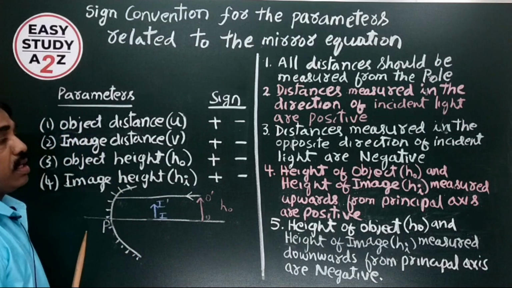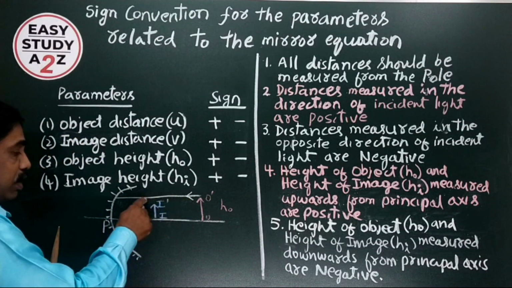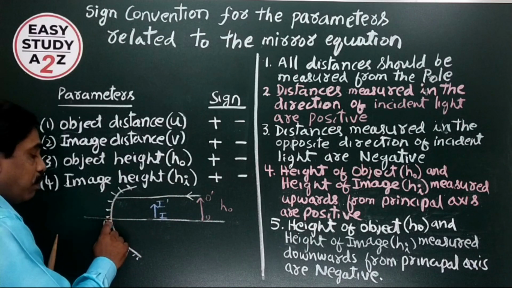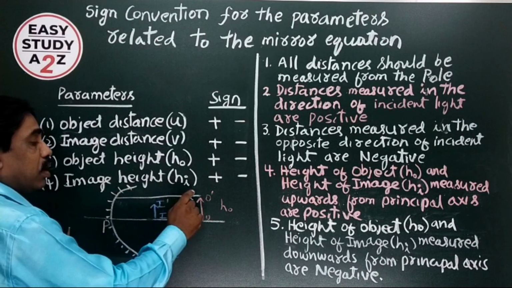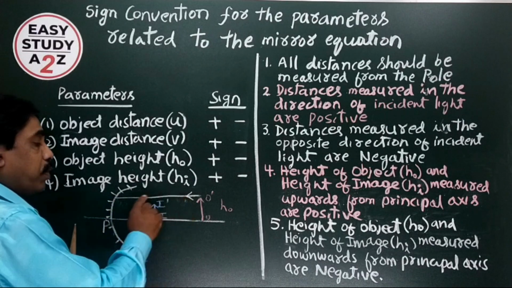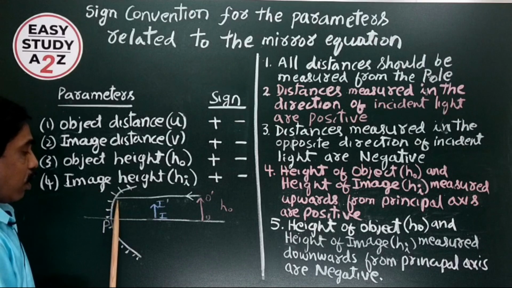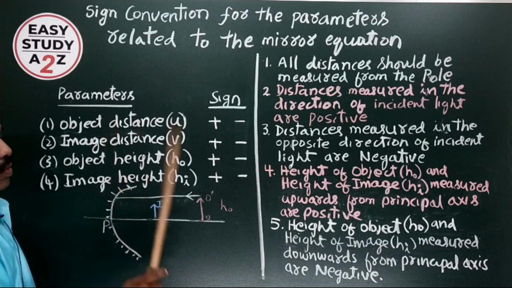But in this case, the light ray is falling in this direction, but we are measuring the distance from here to here. That means we are moving in the opposite direction of the incident ray. So we have to take this distance as negative.